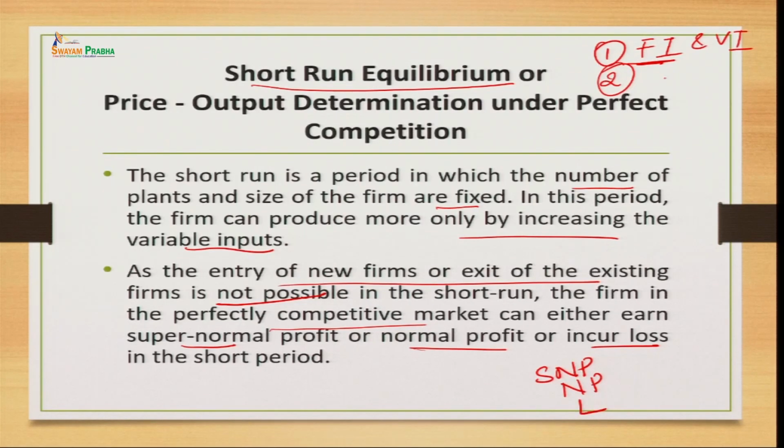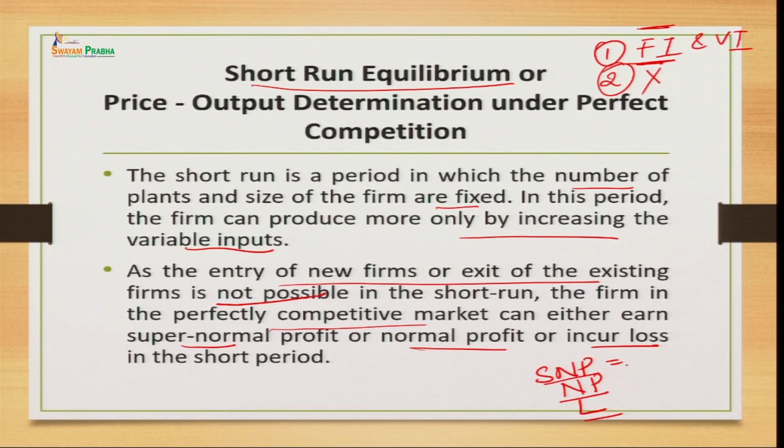So, the second point which I was writing here is, in the short run we have fixed inputs and variable inputs. Keeping the fixed input fixed, we can only make changes to the variable input to increase the size of output. In the second point we have discussed that no new firm can enter and no existing firm can exit, again because of the time frame. Now, what is supernormal profit, normal profit and loss?